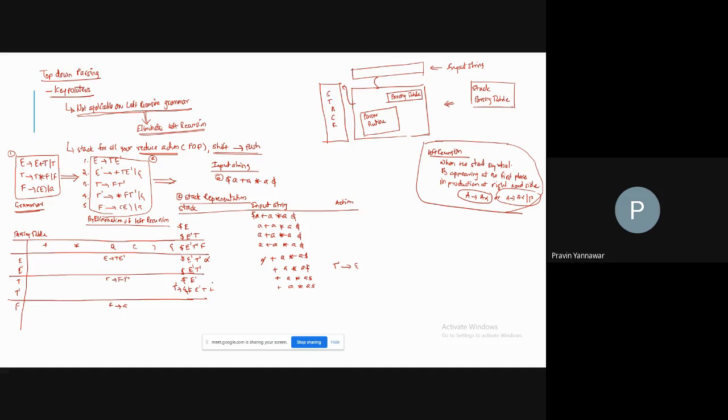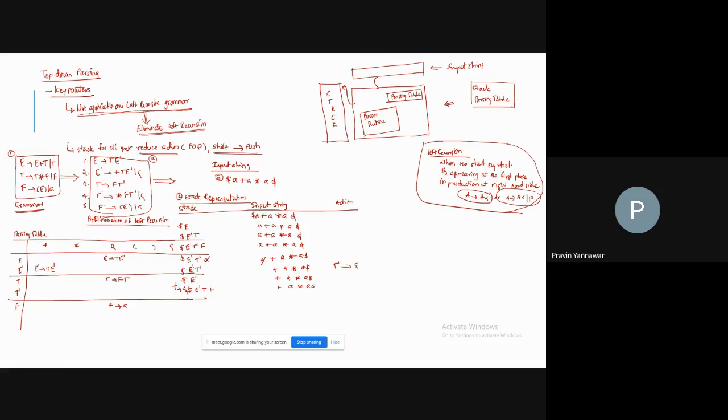So ultimately what is going to happen now, for plus with E' is, for plus you need to write E' with the plus. E' implies plus TE'.